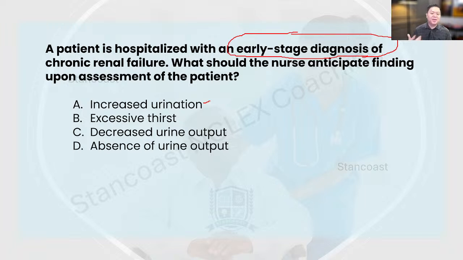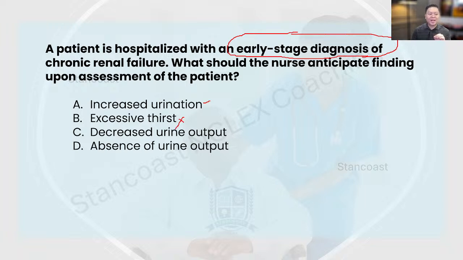But the point here is that the thirst is only a compensatory mechanism or response to the increased urination, rather than a direct indicator of the renal function. That is why we are not going to select excessive thirst, because this is only a compensatory response. Okay, eliminate that one.